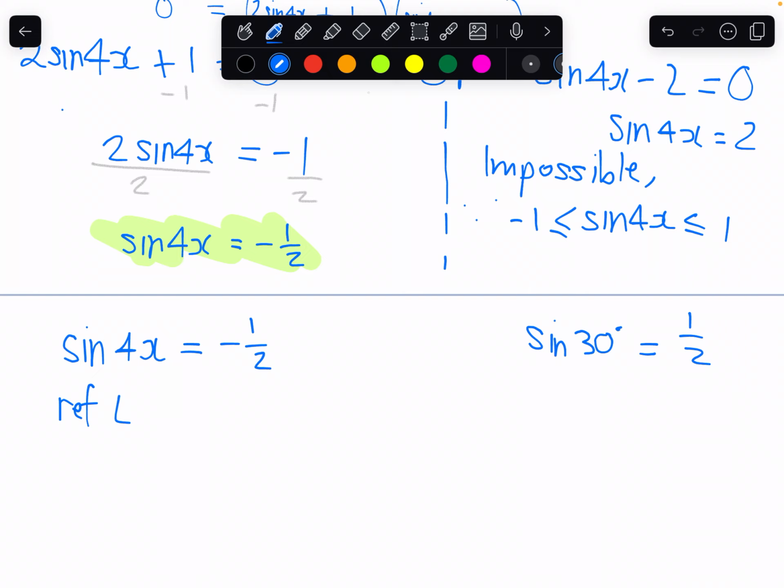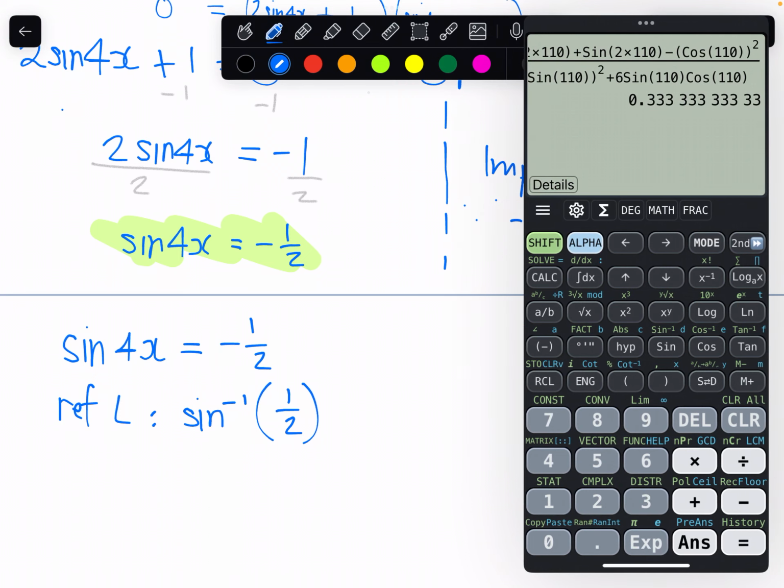And we know that for our positive acute angles, the ratios are only positive. So we're not going to put the negative into the calculator. We're just going to put positive a half. So we're going to find the inverse of sine for the ratio of a half. Which positive acute angle does this sine ratio belong to?